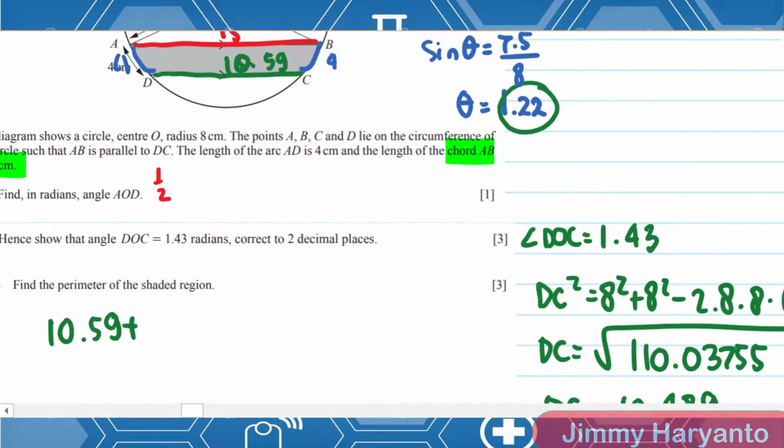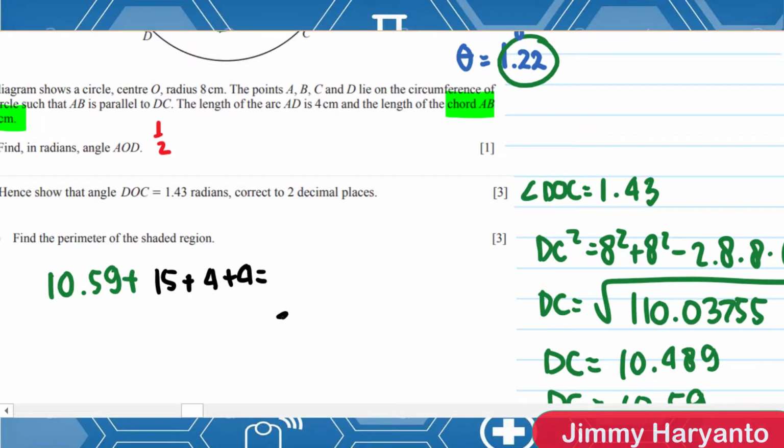Yeah, so 15 plus 10.59 plus 4 plus 4. So the perimeter will be 33.59 centimeters or what? Okay, centimeters.